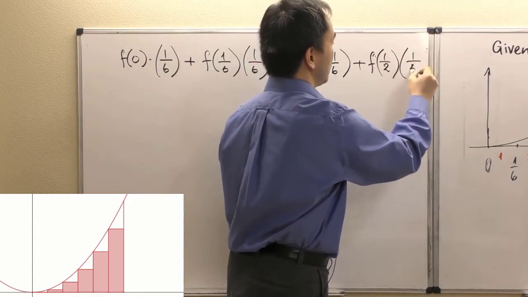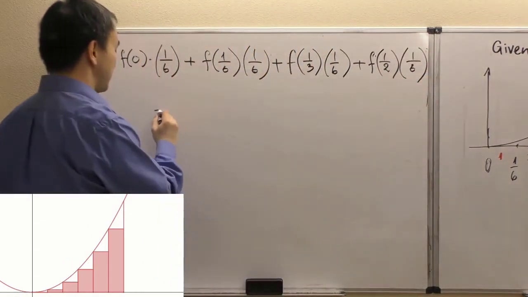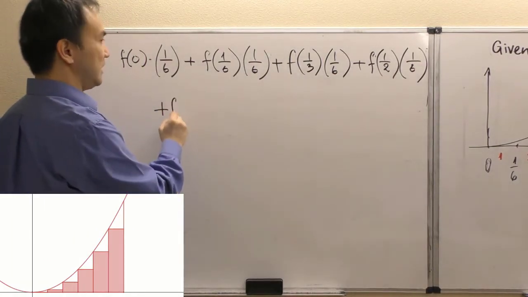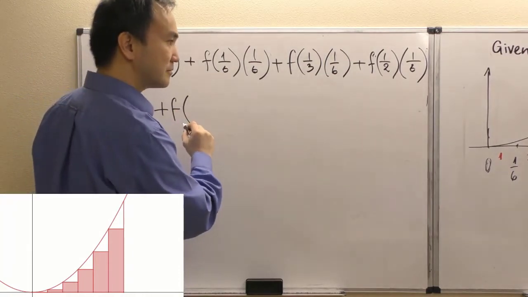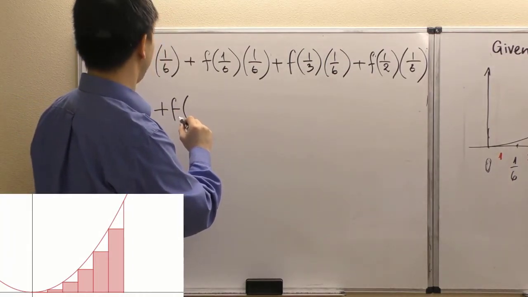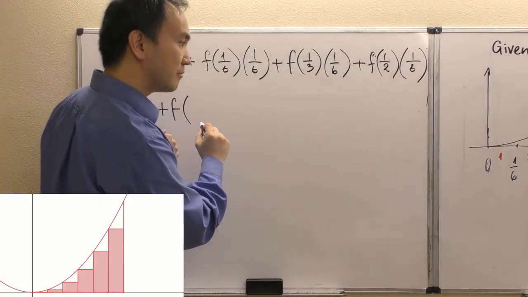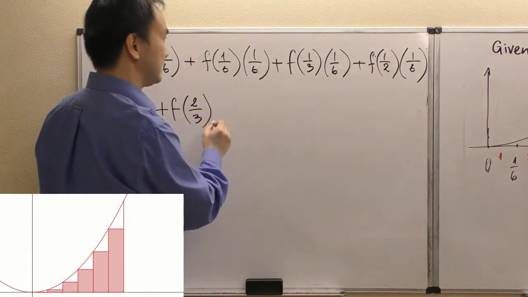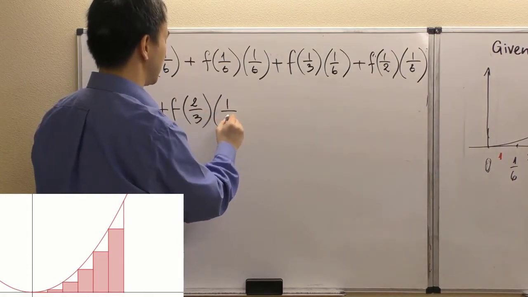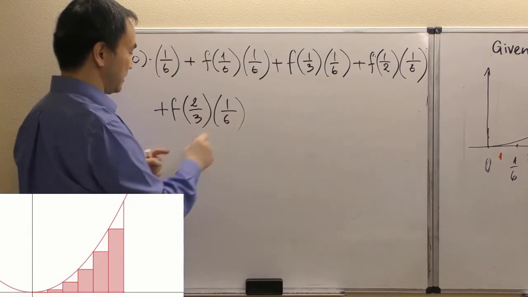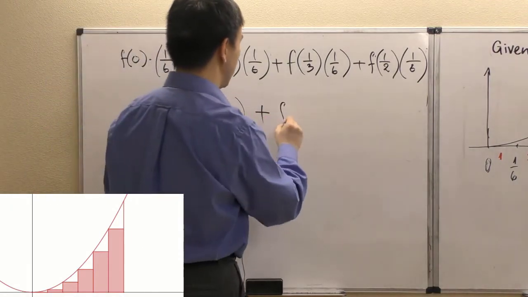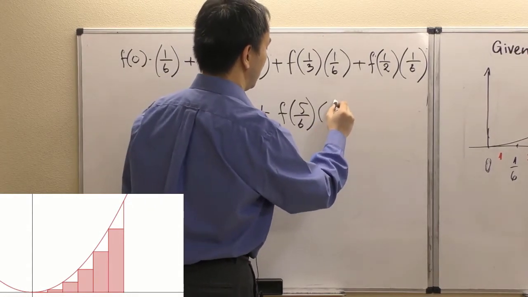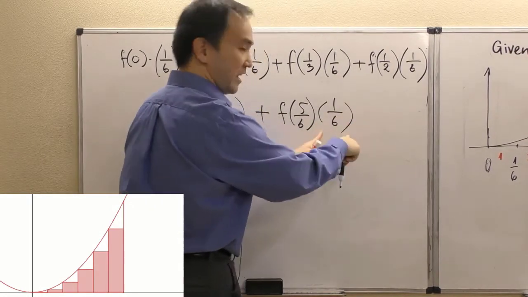In the next step, I add the next line down, and now I'm at my fifth interval: f of 2/3 times the 1/6 being the width. So this is the height, this is the width. And the last one here is f of 5/6 multiplied with 1/6. Height times width again.